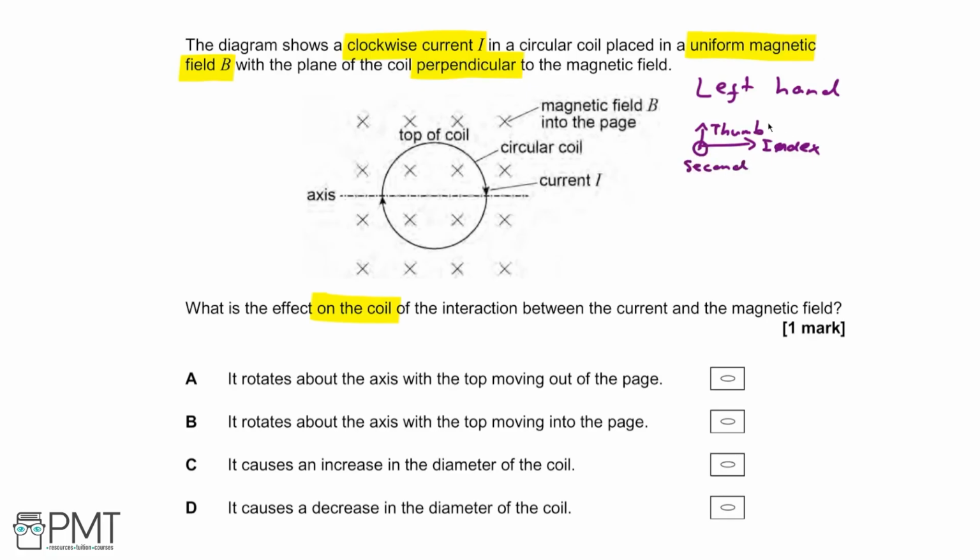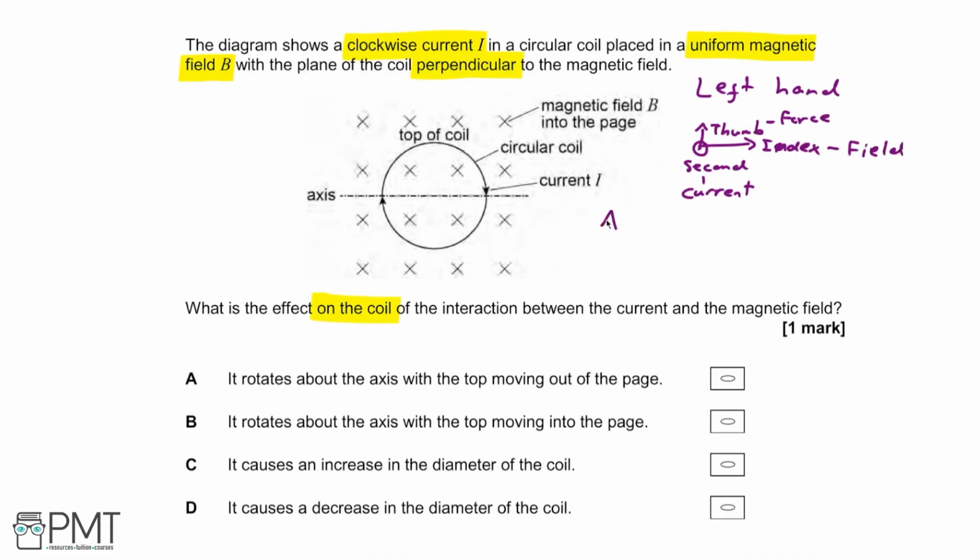These quantities represent the force that a wire carrying a current in the direction of the second finger would experience due to a magnetic flux density, or uniform magnetic field in this case, going in the direction of the index finger.